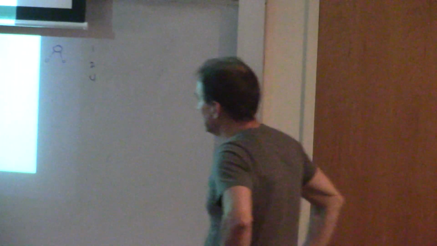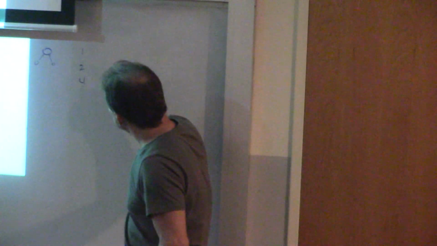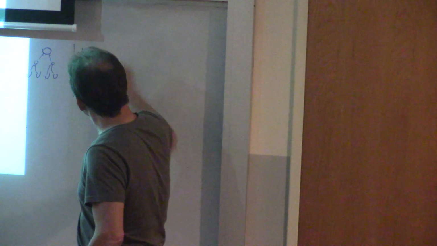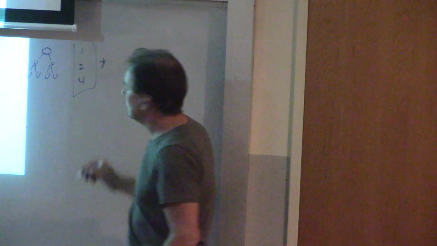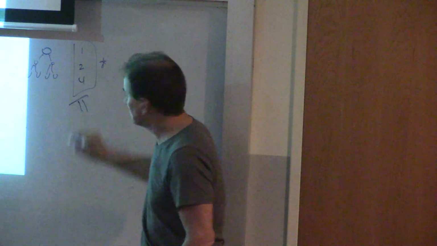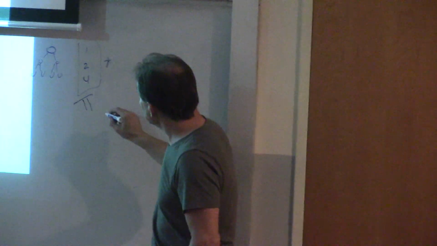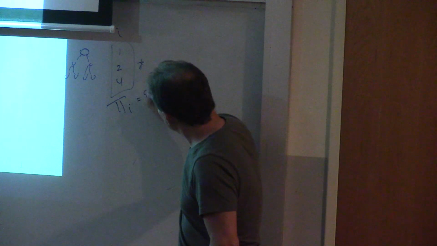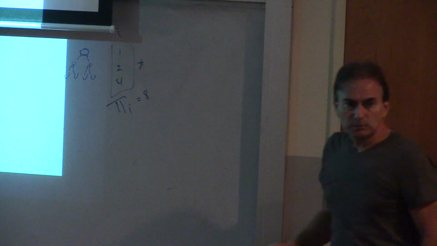And what do you think we're going to do with this 2 and the 4 and the 1? We can multiply them. Let's see what that means. Let's say we are multiplying them together. What's the product of all these? Pi is the product. The product is equal to 8: 1 times 2 times 4.